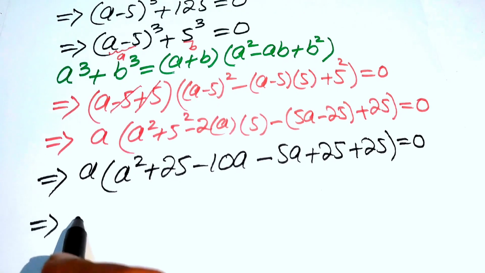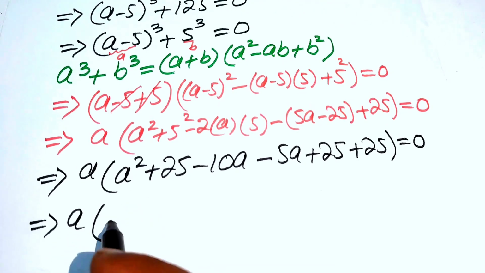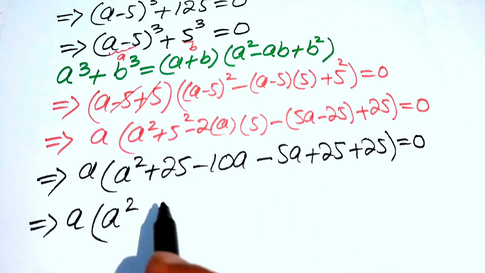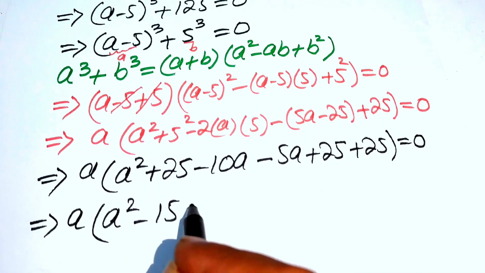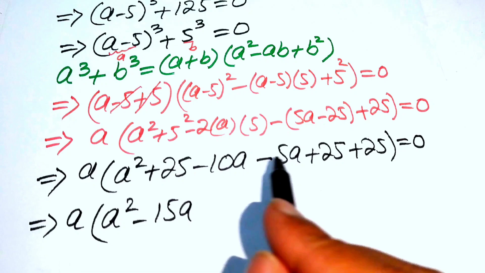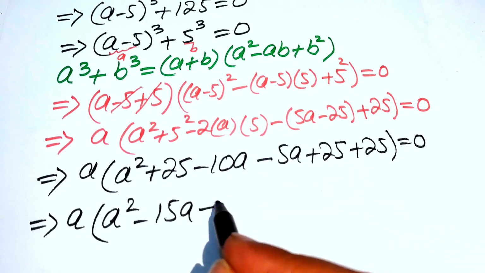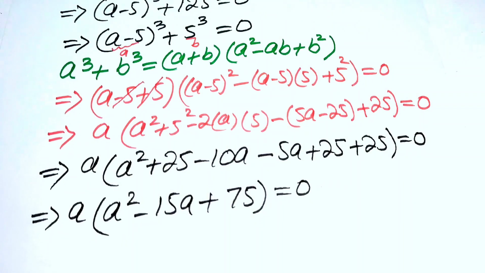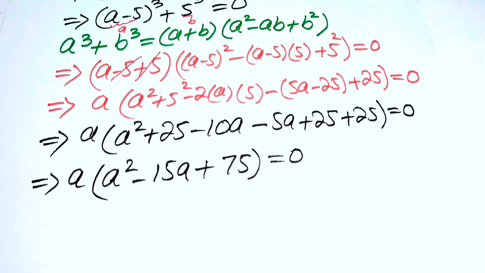So now we add or subtract the like terms and we get a^2, and here you have -10a - 5a equals -15a, and 25 + 25 + 25 equals 75, and this whole equation equals 0.